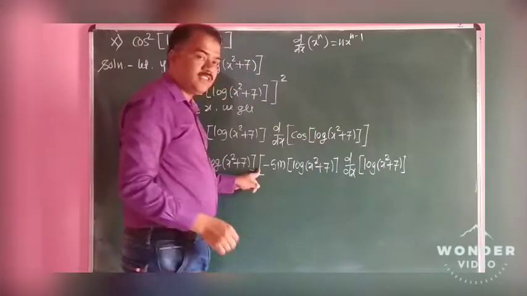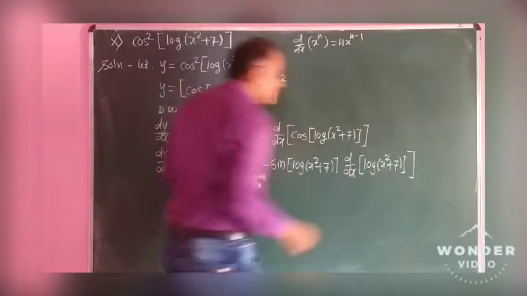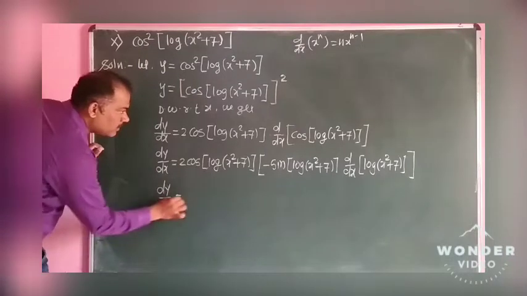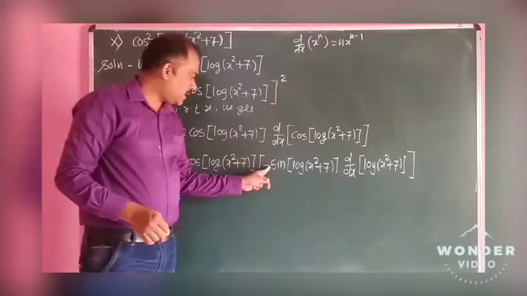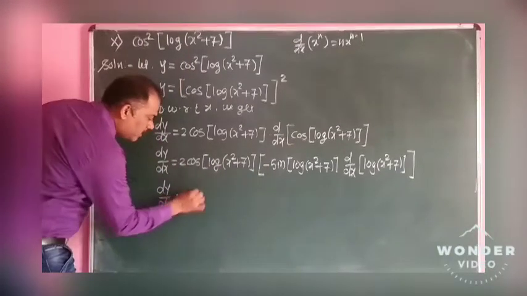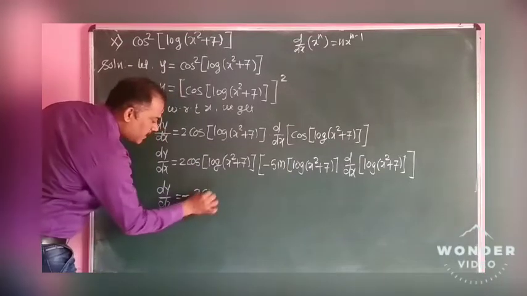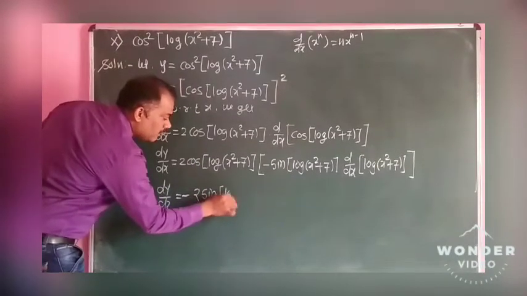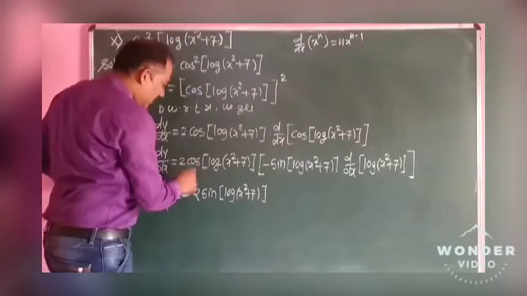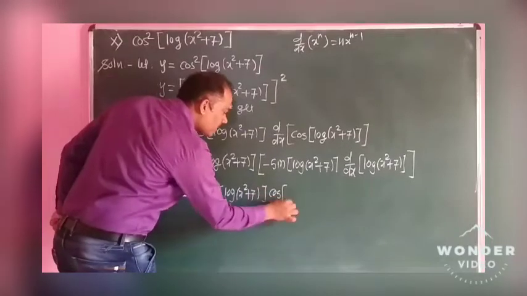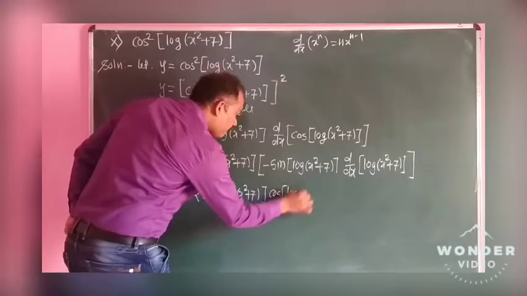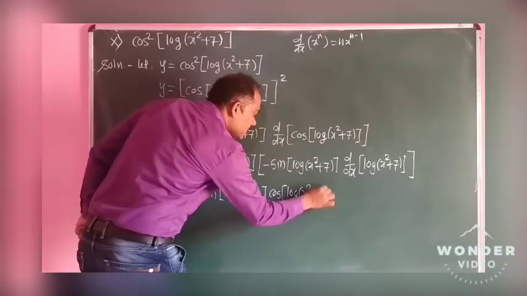This bracket does not close, we have to close here. That is dy by dx is equal to, here minus sign is there, we can write it in the beginning, that is minus 2 times, we can write this term as first sine of log of x square plus 7 bracket complete into cos of log of x square plus 7.